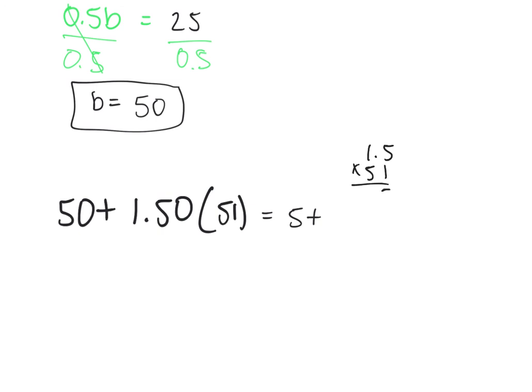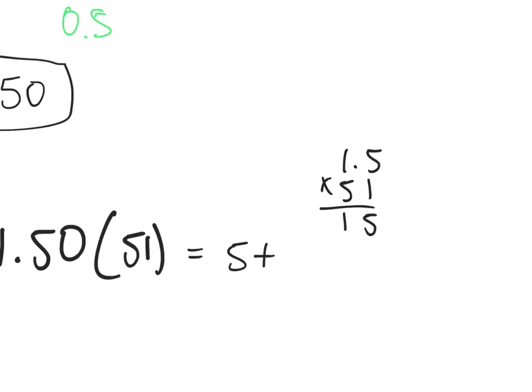1 times 5 is 5. 1 times 1 is 1. So from here, we take the 5, we multiply it by 5. Remember to put a placeholder 0. We get 25, bring up the 2. 5 times 1 is 5, add 2, you get 7. Now 5 plus 0 is 5. 1 plus 5 is 6. 7 plus 0 is just 7.